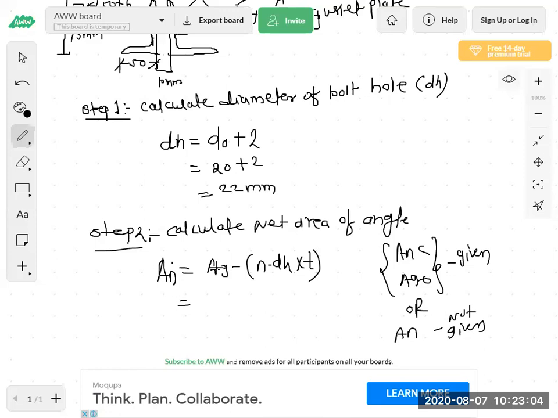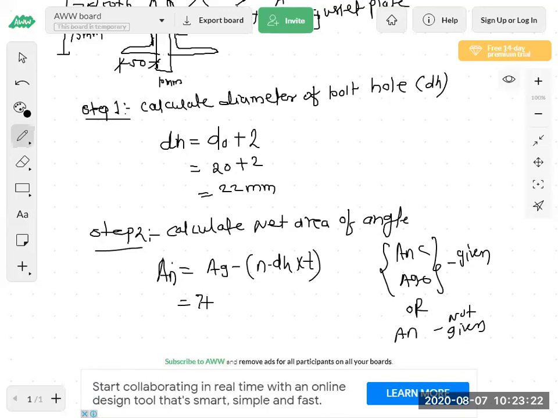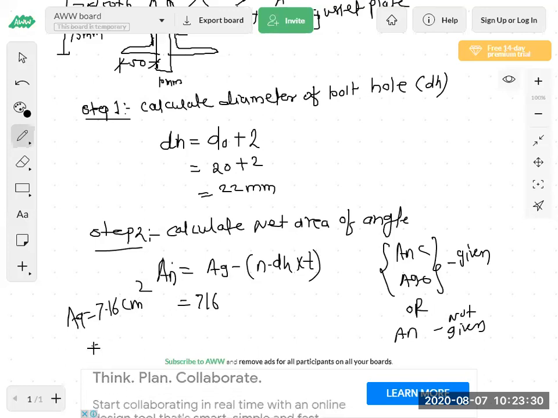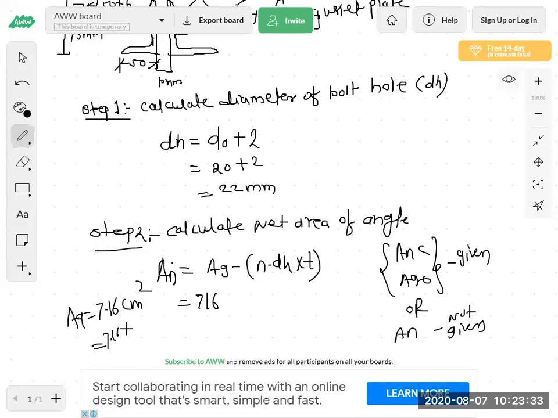Now go to 75 by 50. The next column is thickness 6 mm, and next to 6 mm is the sectional area. How much sectional area have they given? 7.16, it means 716 mm squared. As I have told you, AG is equal to 7.16 centimeter square. So 7.16 into 10 raised to 2.